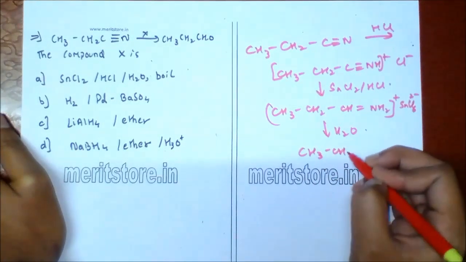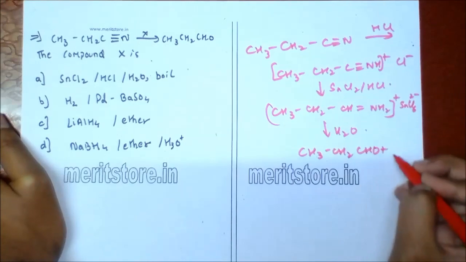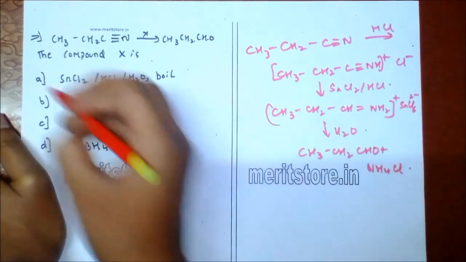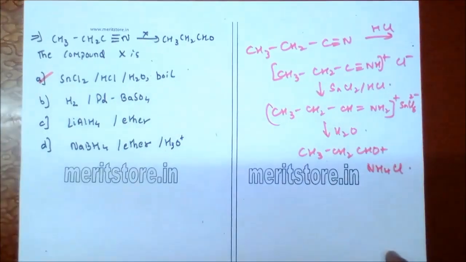This is the mechanism of Stephen reaction, and ammonium chloride is also formed. So option A is the correct answer.